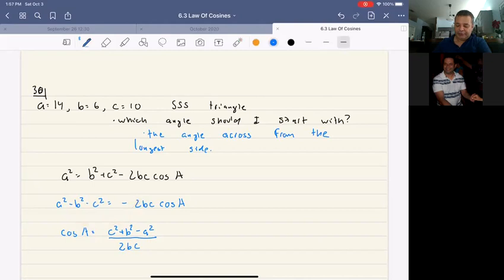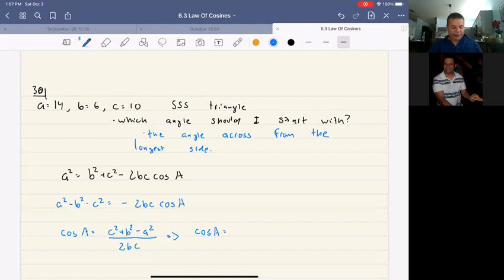Plugging that in, I get cosine A equals 10 squared plus 6 squared minus 14 squared divided by 2 times 6 times 10.